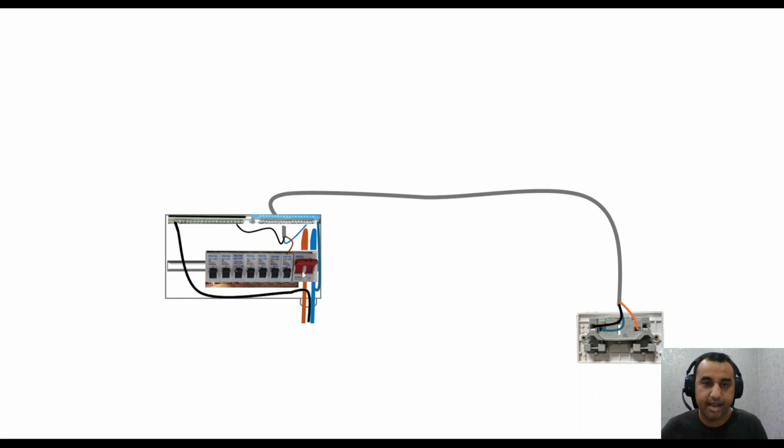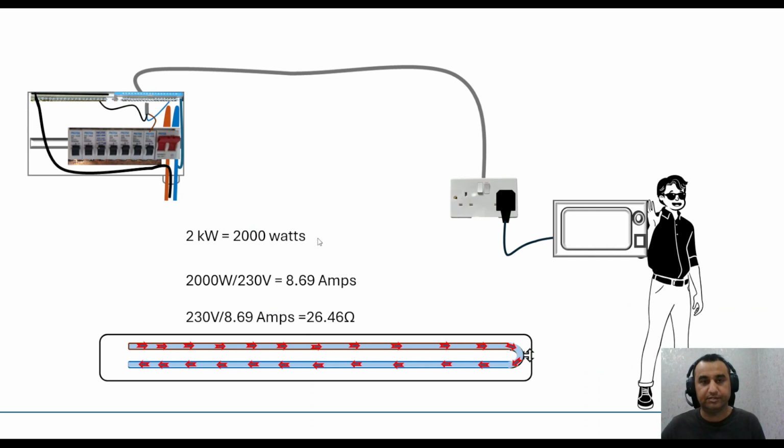Okay, let's get to the next screen. Here we've got this microwave connected to this socket, and everything seems okay. We've got a 2 kilowatt microwave, and if we divide 2 kilowatts by 230 volts to get amps, it takes about 8.69 amps.